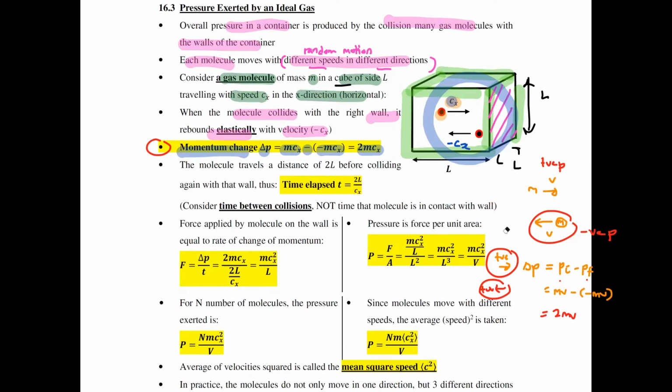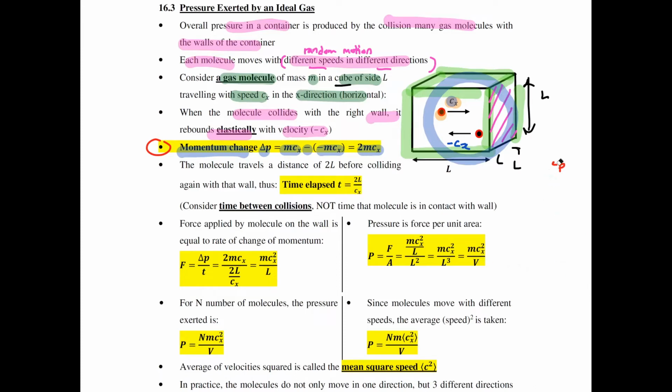And then after that, what are the other things that you need to know? Now, the molecule will travel a distance of 2L before colliding again with the wall. When your molecule hits the wall and then rebounds, it will travel again to the other side of the wall, hit that wall, and then rebound back before hitting the same wall again.